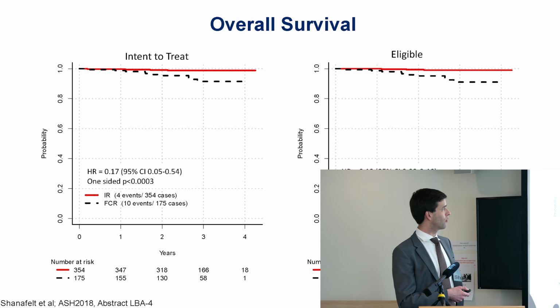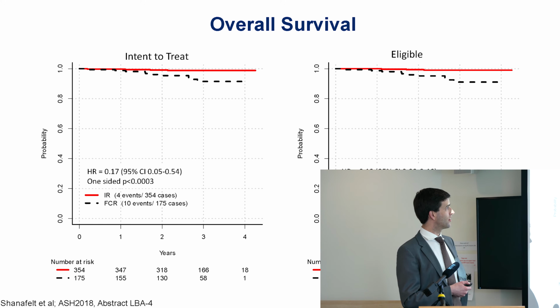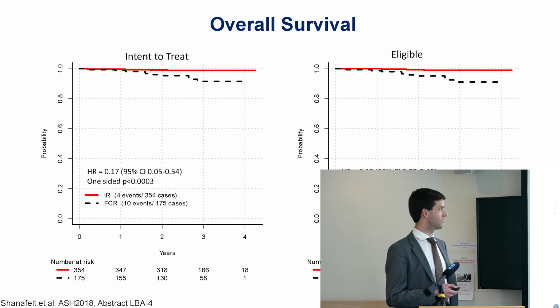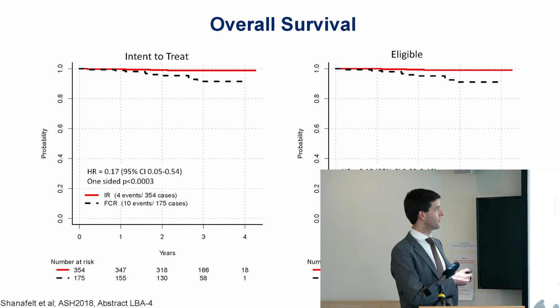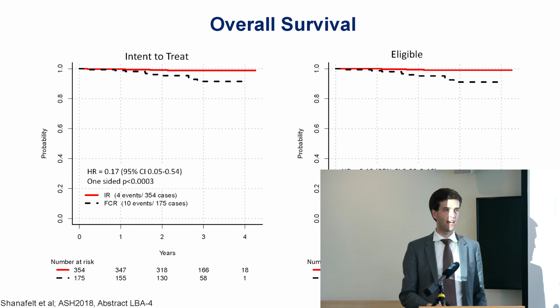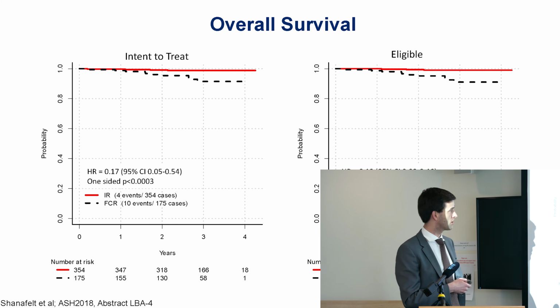This is a survival curve. So there's a small but real difference in how long people are living if they got Ibrutinib compared to FCR. But I'd also draw your attention to the fact this curve in the Ibrutinib treated patients is not really a curve. It's just a flat line along the top, and that's what we're hoping to achieve.